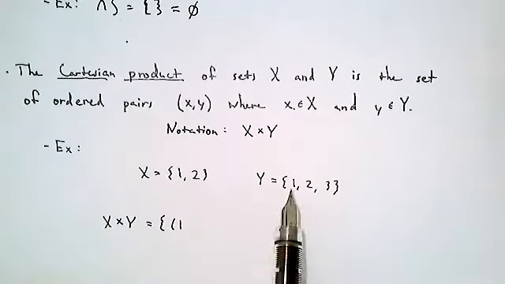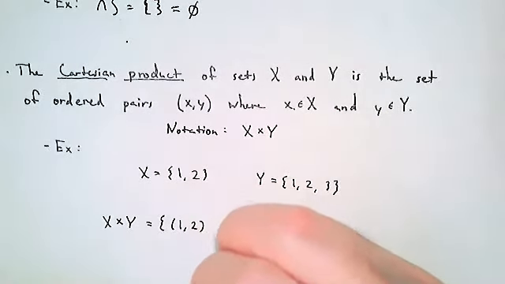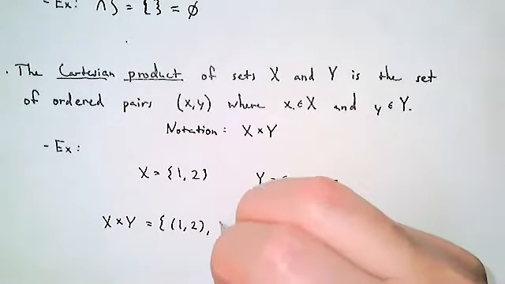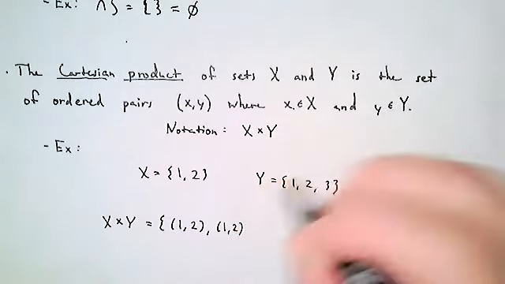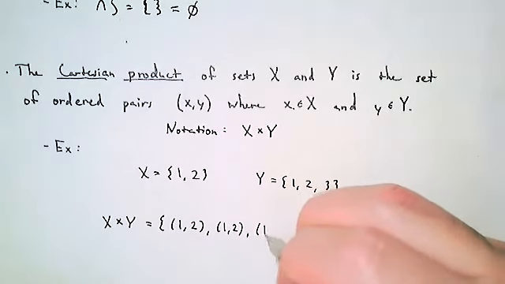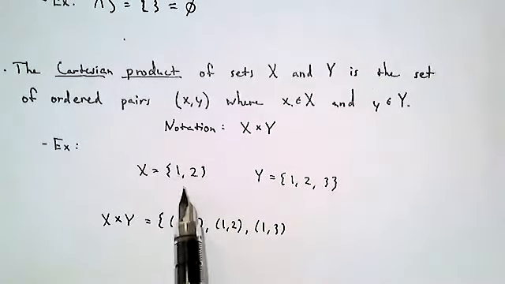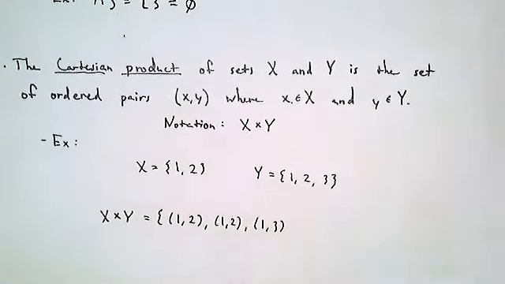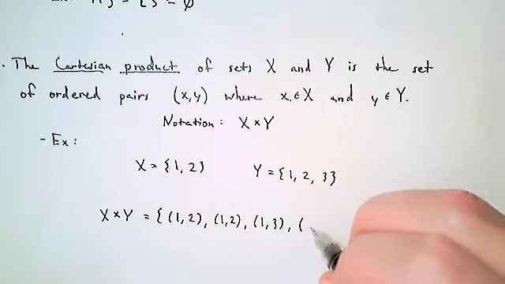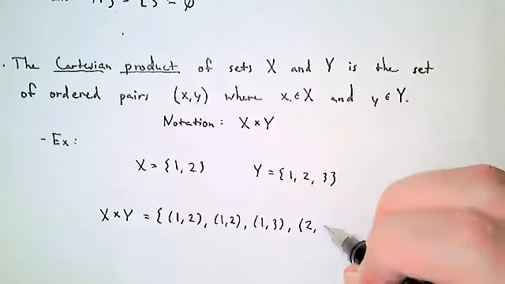Let's just take 1 and 1. And then I can also pair up 1 with 2 or 3. Okay, so now I've paired up 1 with everything over there. I have to stop using 1 as my first element. Let's go on to 2, and we can pair it up with 1.